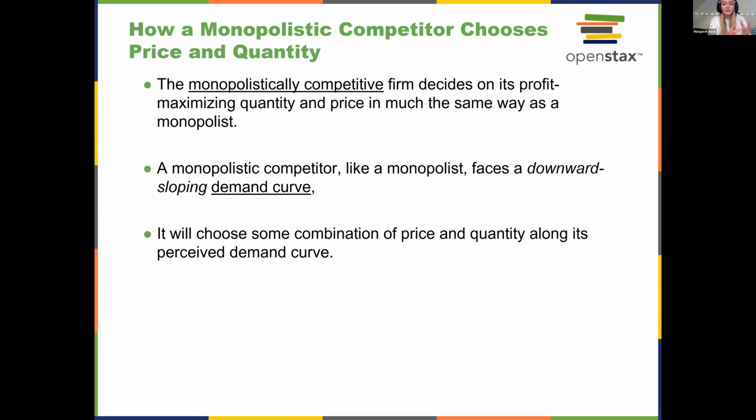In the short run, a monopolistic competitor is able to earn very high short-run economic profits because in the short run, these types of firms can behave exactly like a monopoly.